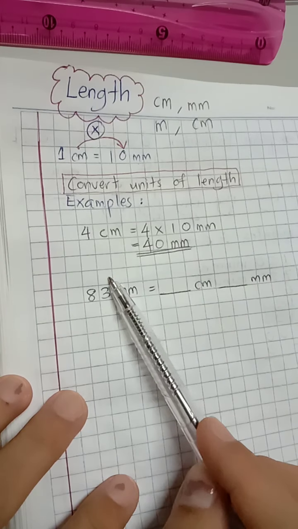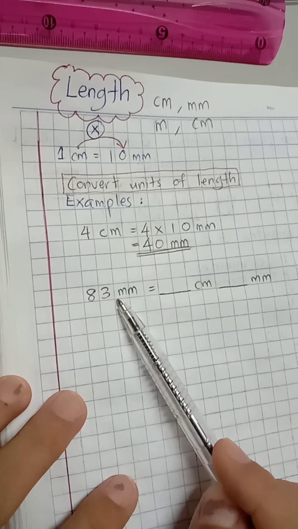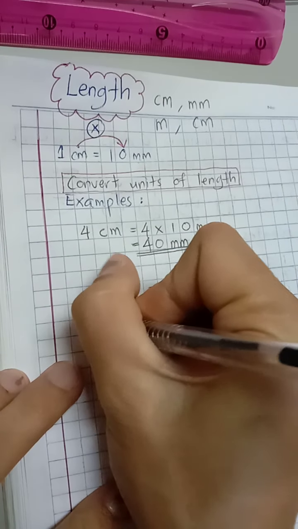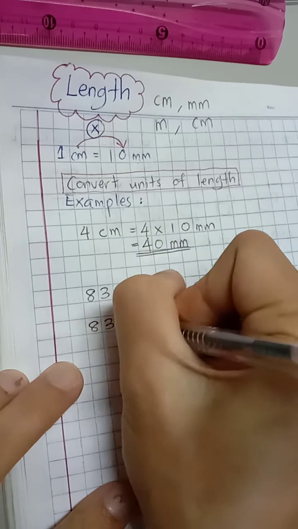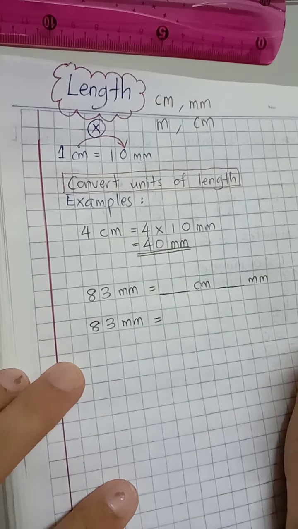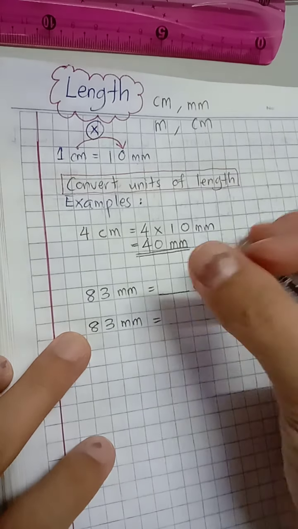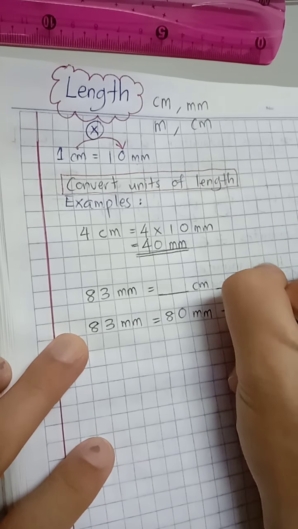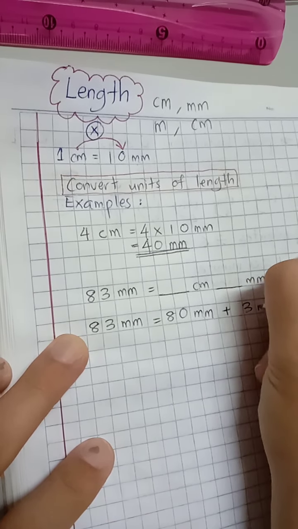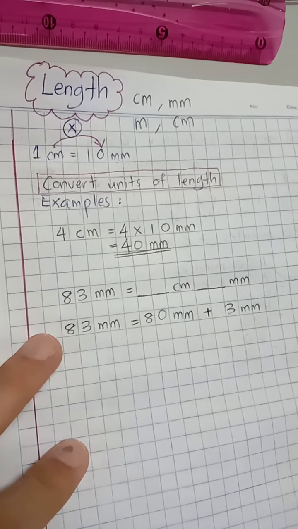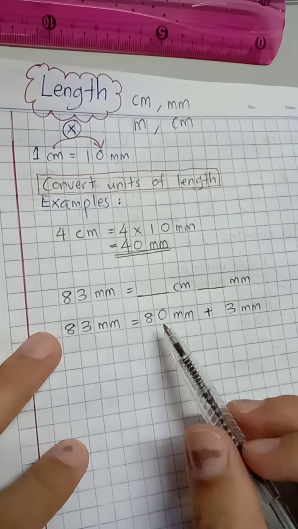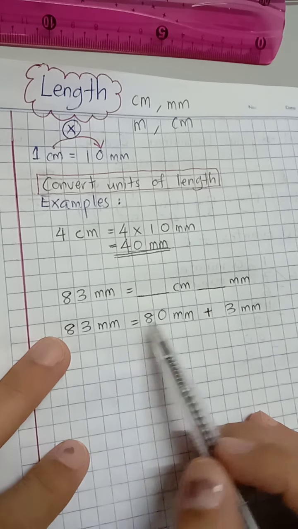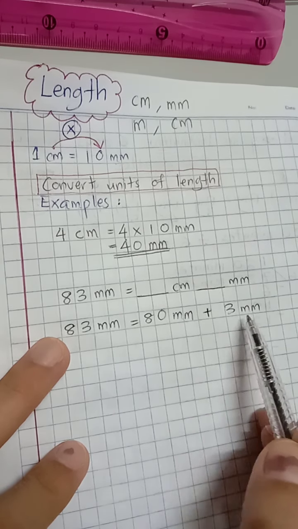We can separate this 83. How do we separate this? 83 millimeter is equal to 80 millimeter and 3 millimeter. This is how I separate it. Okay, so I separate 80 millimeter and 3 millimeter.